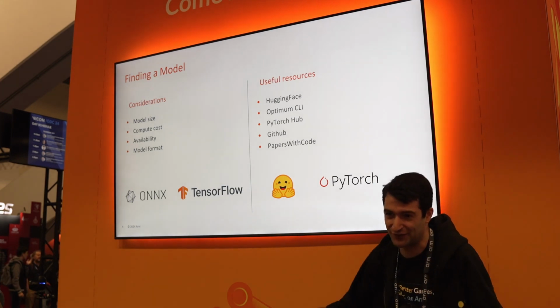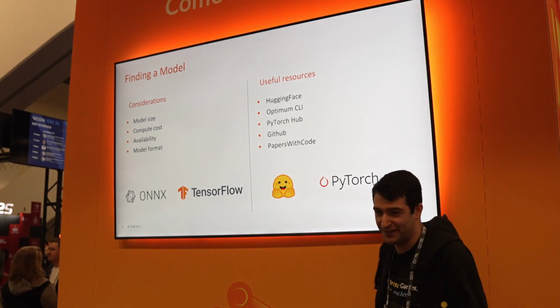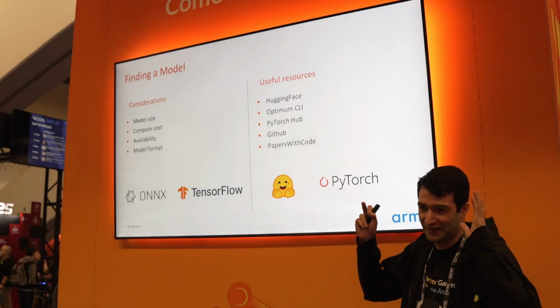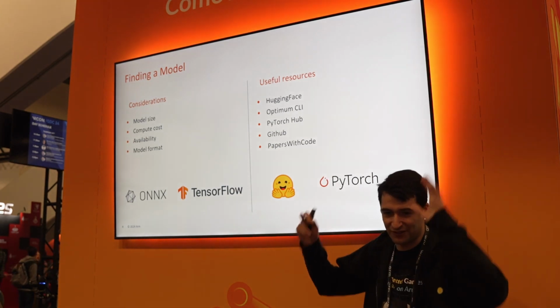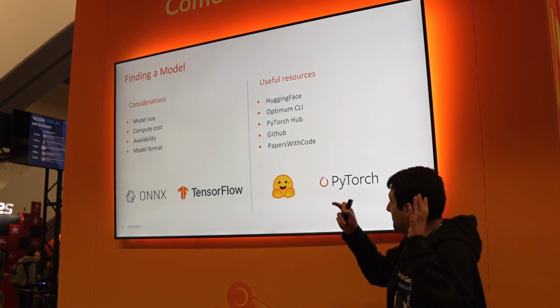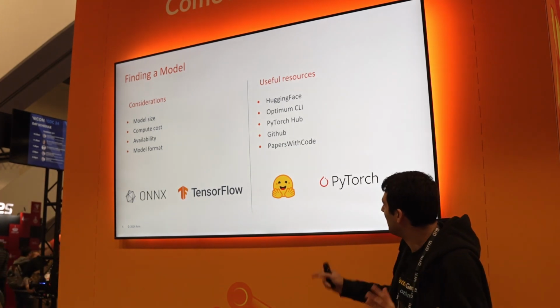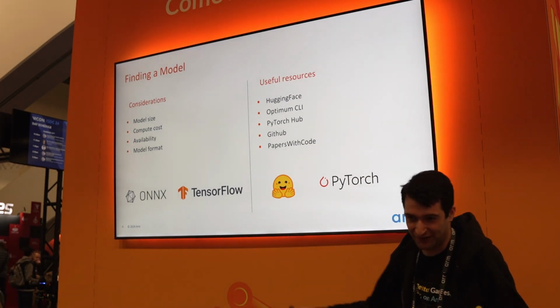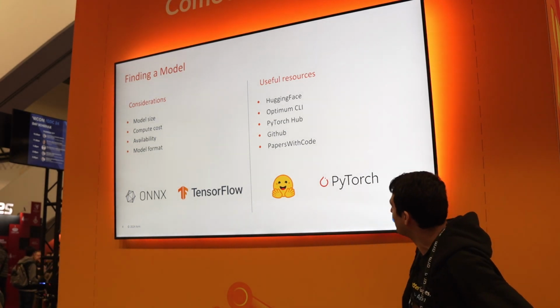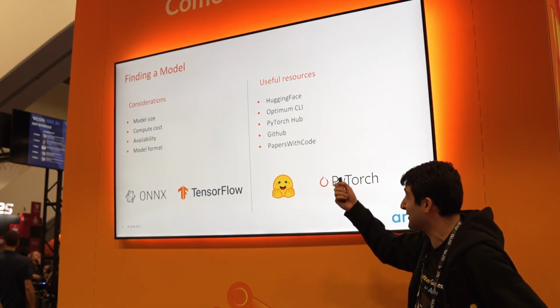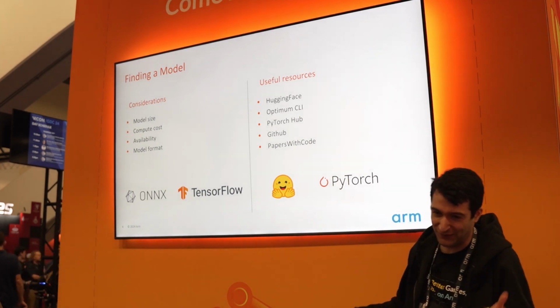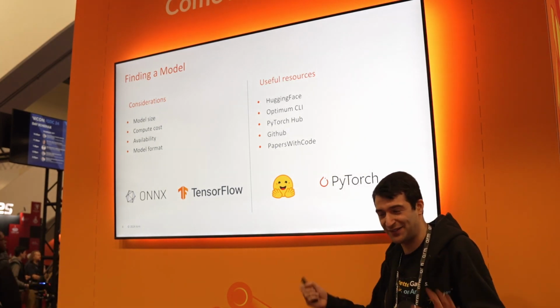So some useful resources for finding these models. Hugging Face is a nice big repository. They've got Optimum CLI, which is a nice tool you can use to download these models, get into a format. ONNX format's a pretty standard format for these things. I mentioned PyTorch Hub and GitHub. PyTorch models, I said before, they do exist.